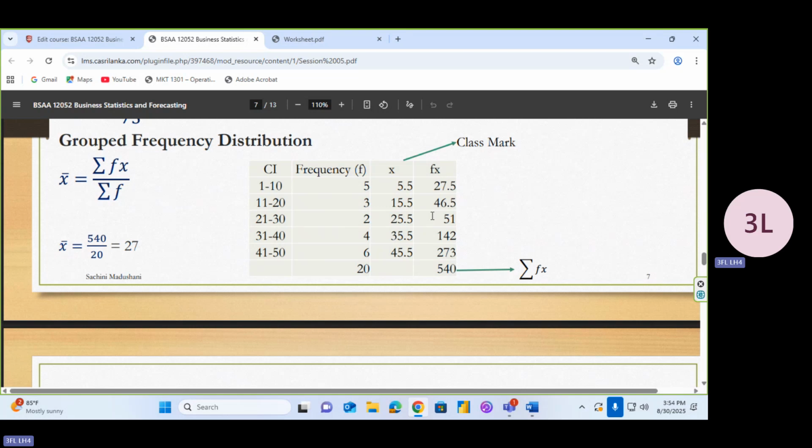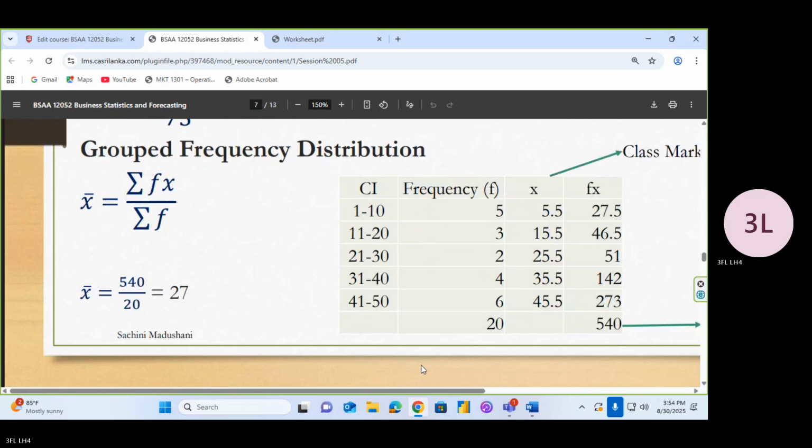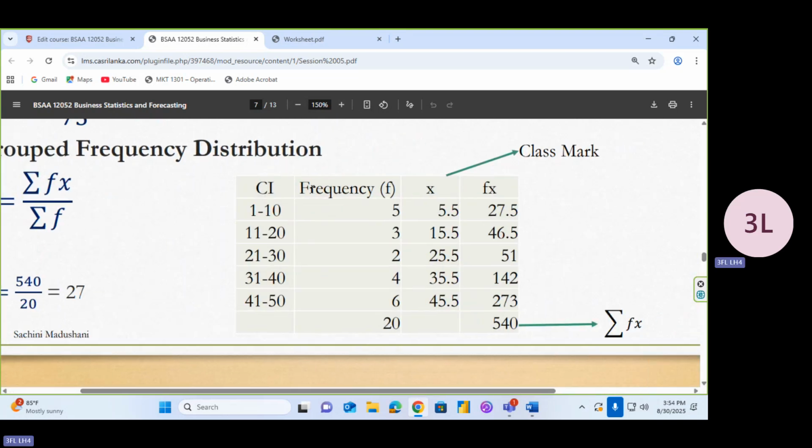In the grouped data distribution, there are class intervals with the corresponding frequency. It means that 5 observations fall into the 1 to 10 range. Any value they can take.